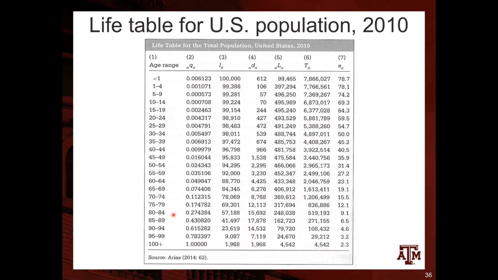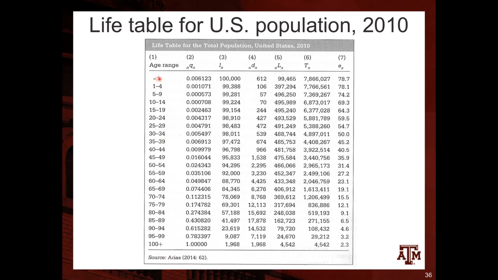So here we have a life table for the US in 2010. Originally we get the age-specific mortality rates, and with them we calculate the age-specific probabilities of dying, which are symbolized by nqx. We have them for each of the age groups: 0 to 1, 1 to 4, 5 to 9, and so on up to 100 plus.